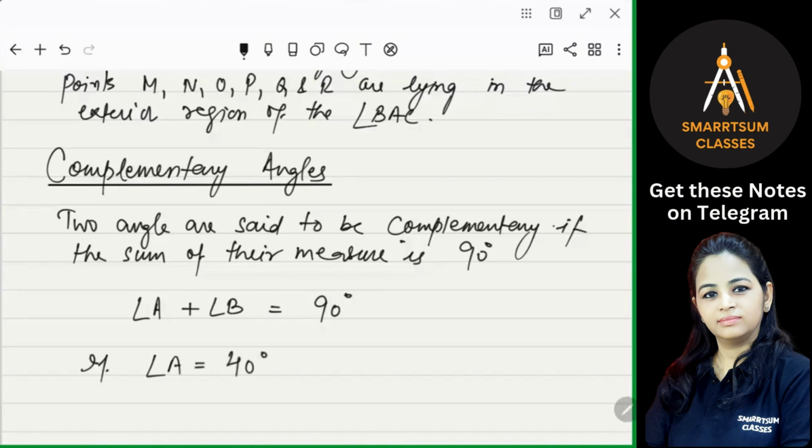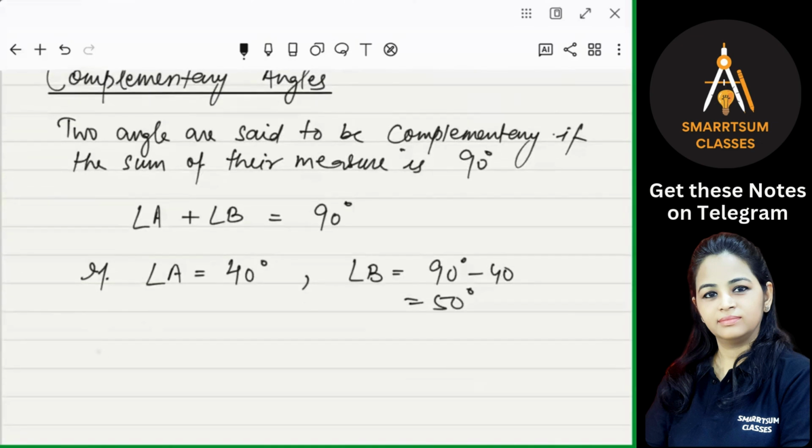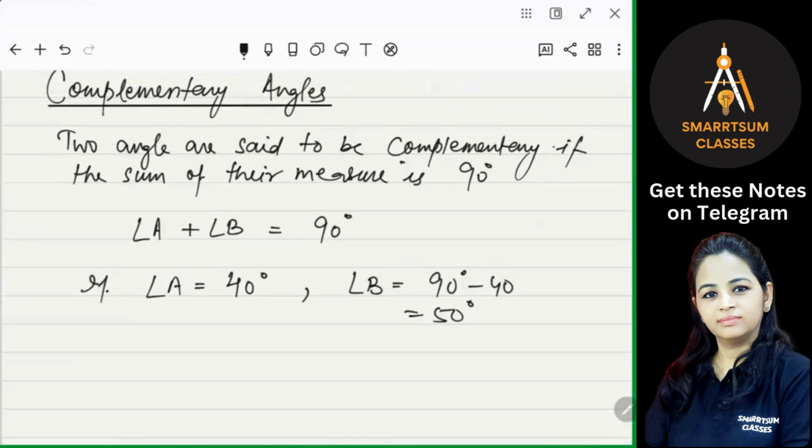So what is its complementary angle? That means what is its other angle? That will be 90 minus 40 degree, that is 50 degree. So angle B will be the complementary angle of A, and similarly angle A will be the complementary angle of B, right? And that's how they are making a pair of complementary angles. Is that clear? They are complement to each other. Are you getting it? Yes or no? Okay, Sama and Anvi. Yes, ma'am.